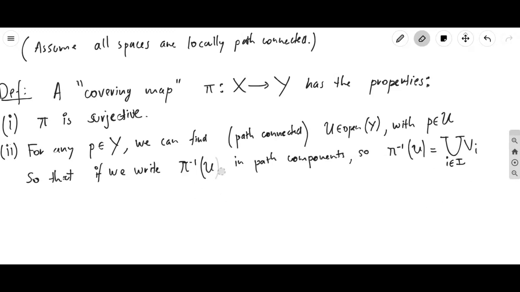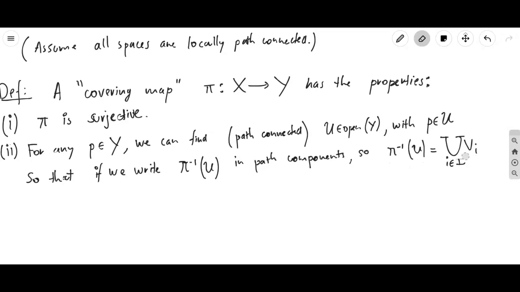The path components of pi inverse of U, this is an open set, will be open subsets of U. So they're also open subsets of X because openness is a transitive property. So again, this is where the local path connectedness is useful, because then that proposition that we mentioned earlier applies. The path components are going to be open.